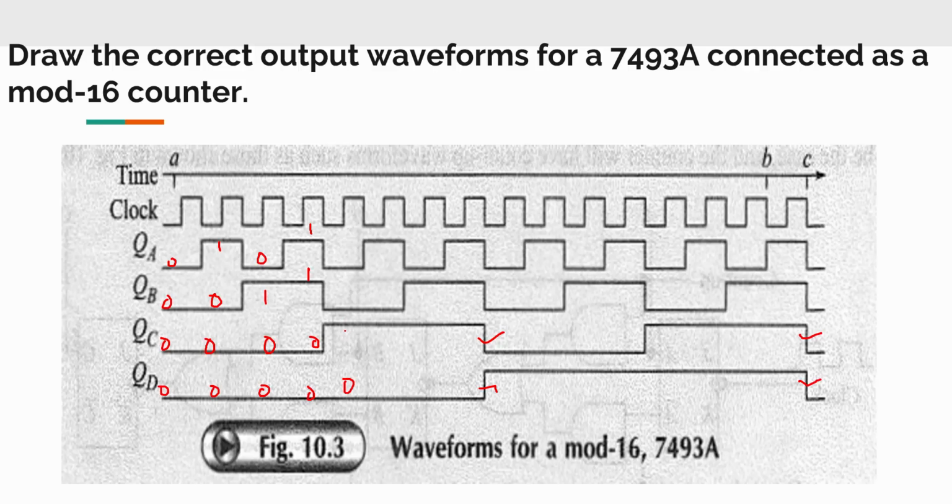Next it is 0 1 0 0 and so on, and finally it is full of 1s, 1 1 1 1, and it will repeat the pattern. Okay, this is the case of mode 16 asynchronous up counter or 4-bit asynchronous up counter. We can also call it a ripple counter or serial counter.